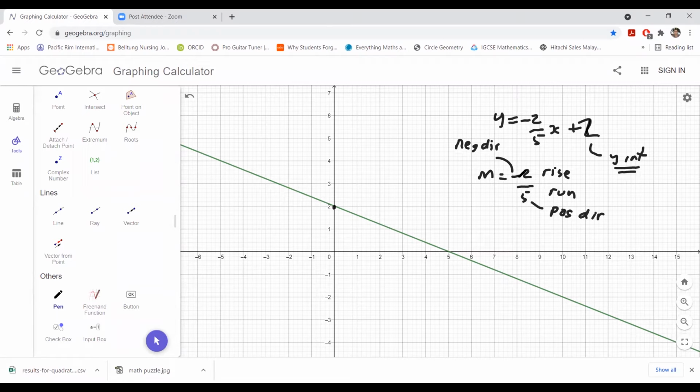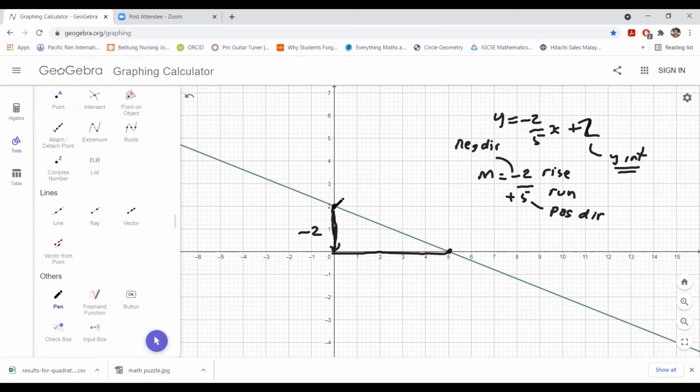So now we're not going up, we're going to go down. So use your y-intercept and go down to here. So that's your minus 2 because you've actually gone down in a negative direction. And this is telling you to go 5 in the positive direction because it's plus 5. So you've got to follow the direction from that sign there. So then we'll go plus 5 right to there. And that makes sense because now we're on the line again.